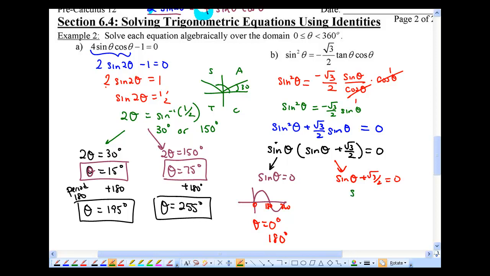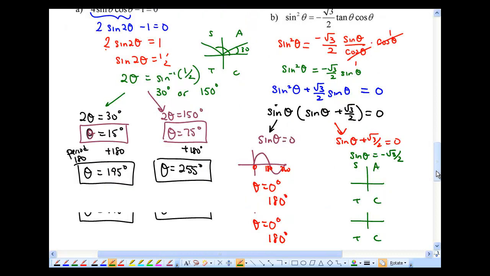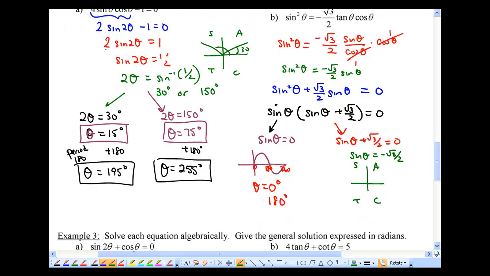With the other one, I know that sine theta must equal negative root 3 over 2. Special angle table of root 3 over 2 is a reference angle of 60 degrees. But because this is negative, once again, all students take calculus. Because it is negative, we need our answers in quadrant 3, which would be 180 plus 60, which is 240.